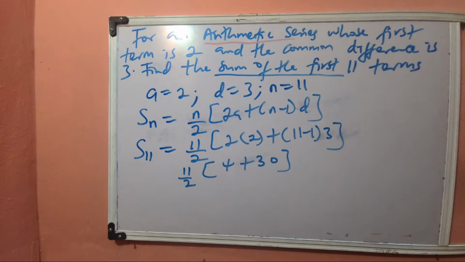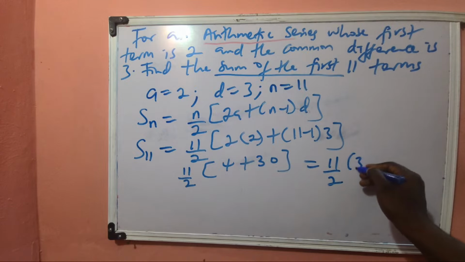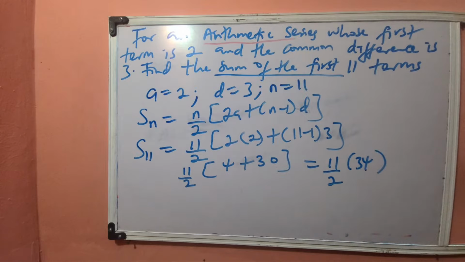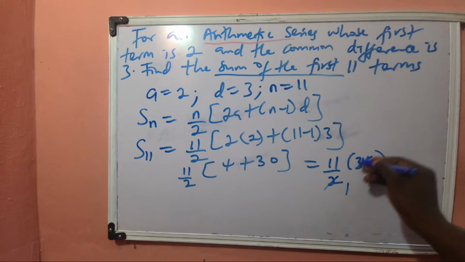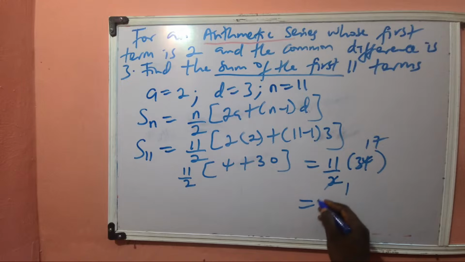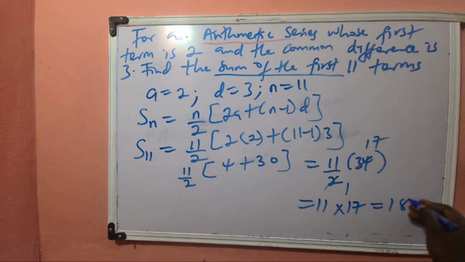So I have 11 over 2 times 34. And I'm sure you know 2 will go here 1, 2 will go here 17. So I'll be left with 11 times 17, which is 187.